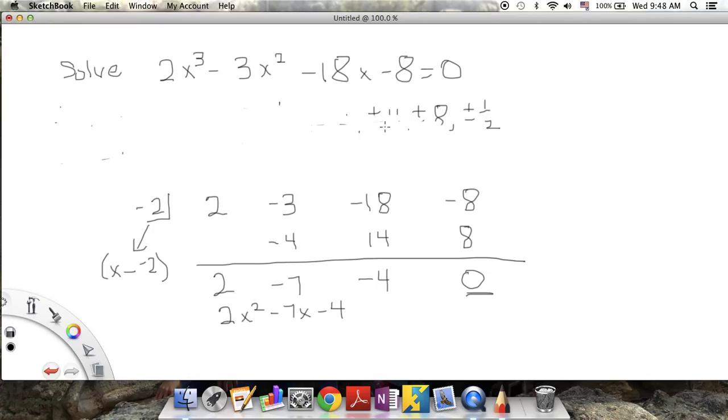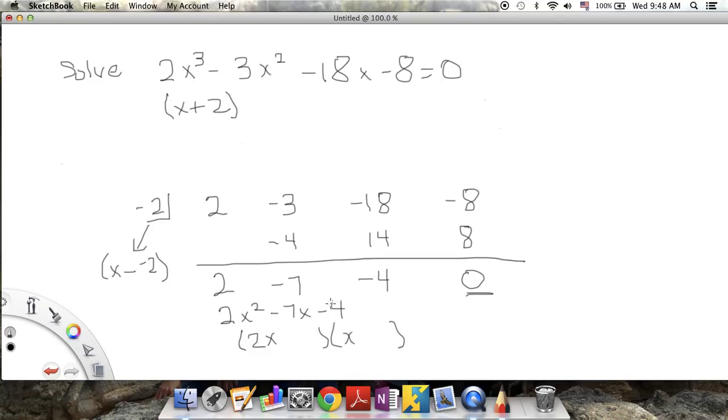So when we have a quadratic, we know how to factor those without synthetic division. We can do it with just looking at it, hopefully, if it factors nicely. So far what we've got is x minus -2, so that's x plus 2. And then we need to factor this one down here. So we know we're going to have 2x, and we're going to have x.